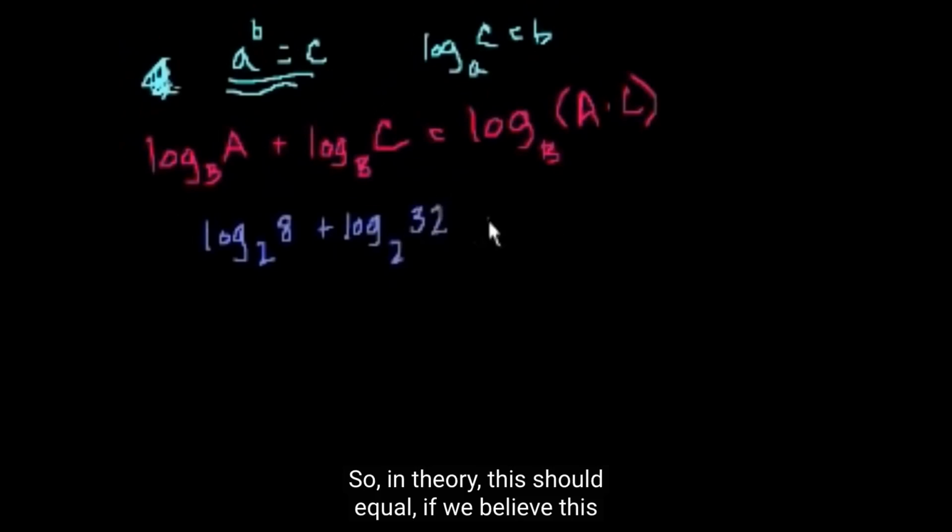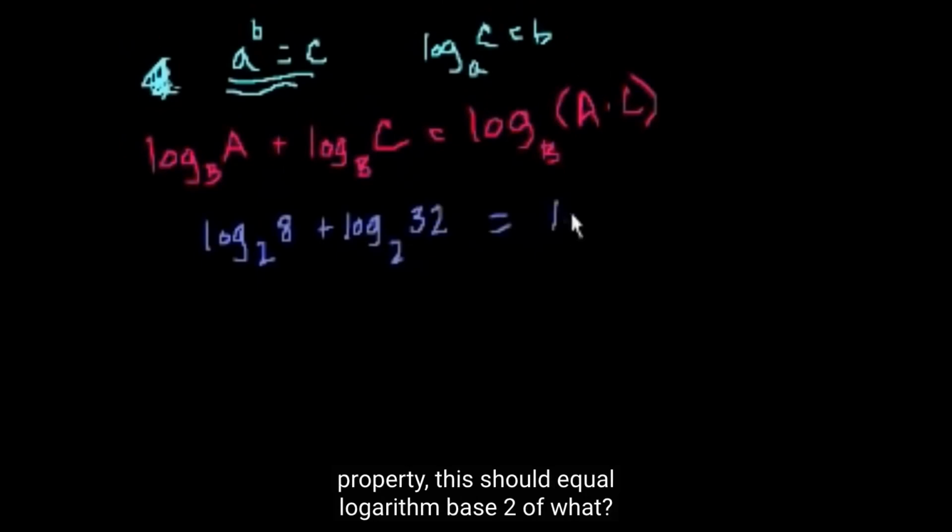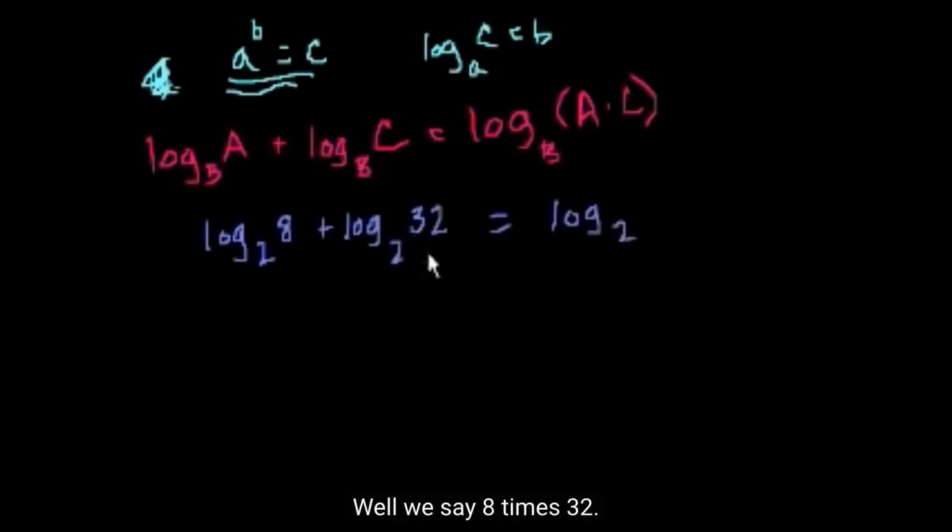So in theory, if we believe this property, this should equal logarithm base 2 of what? Well, we say 8 times 32. So 8 times 32 is 240 plus 16, 256. Let's see if that's true.